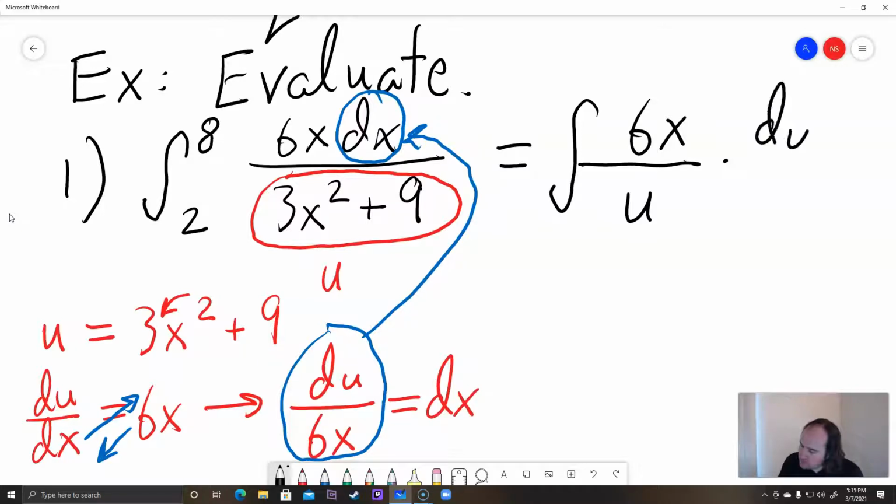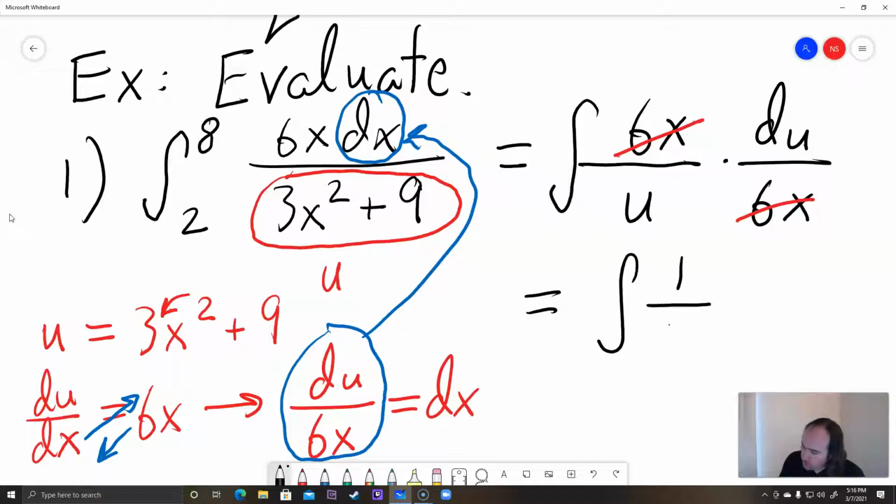And if you do it the way I do, the fun thing about it is stuff is supposed to cancel out. So here the stuff that cancels out is actually just the 6x's. Both of those cancel out. So we're going to be left with the integral of 1 over u du.